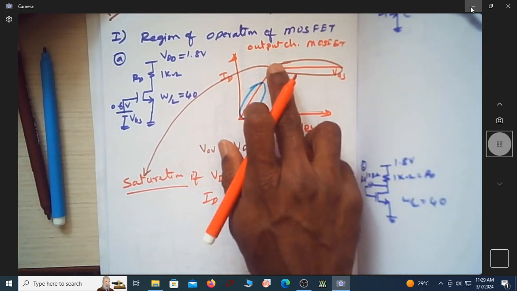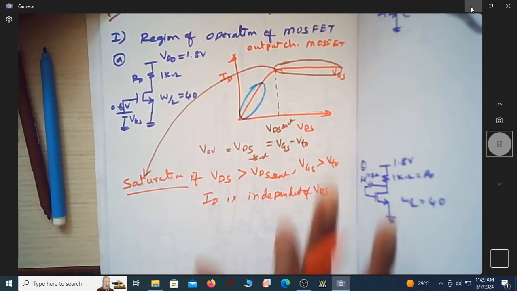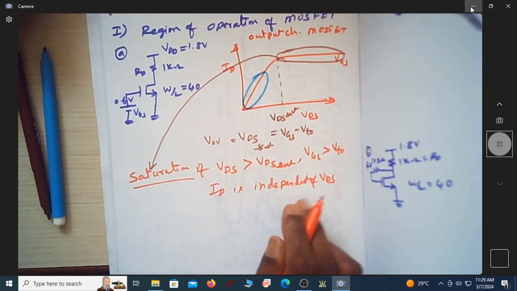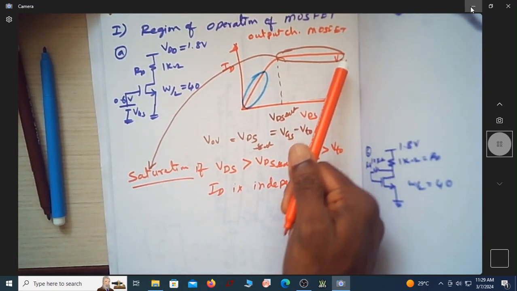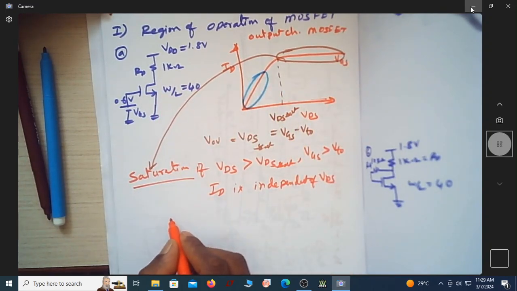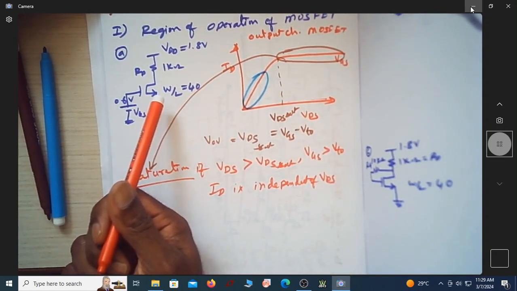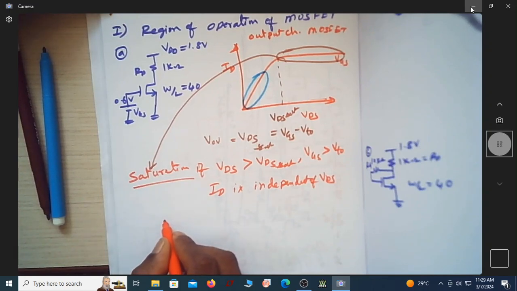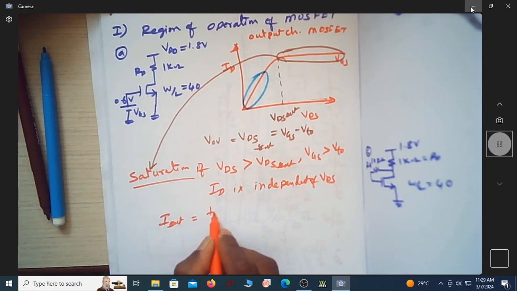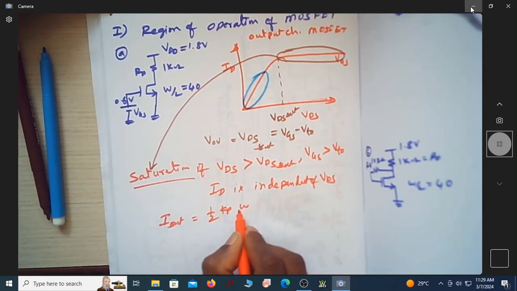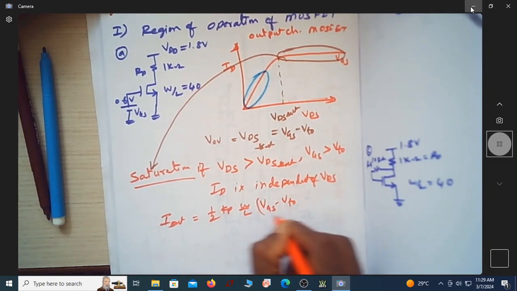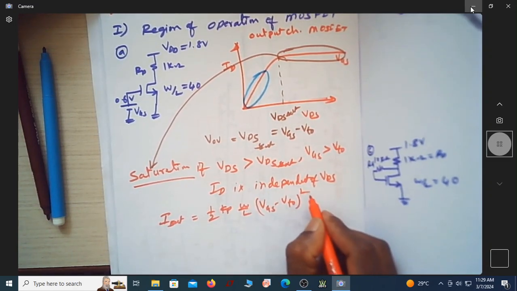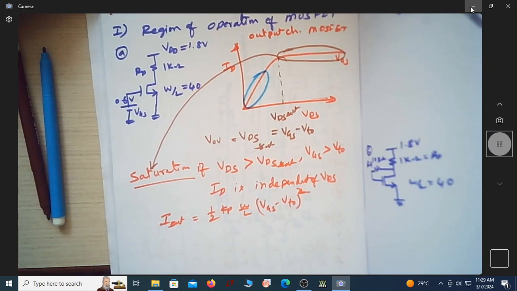ID depends on VGS and the dimensions of the MOSFET, Kp and VTO. ID saturation is given by the expression half Kp W by L times VGS minus VTO whole square. This is the expression for ID in saturation.